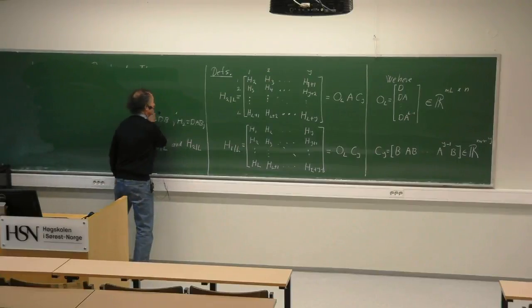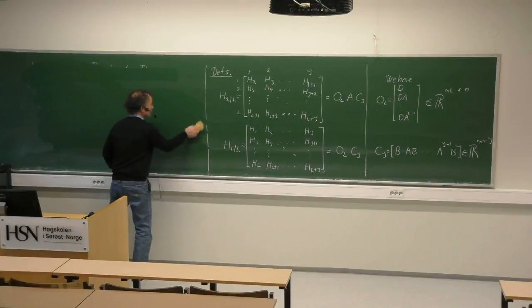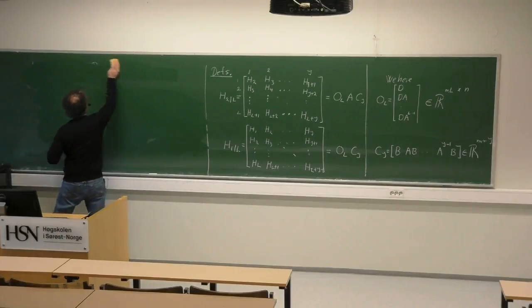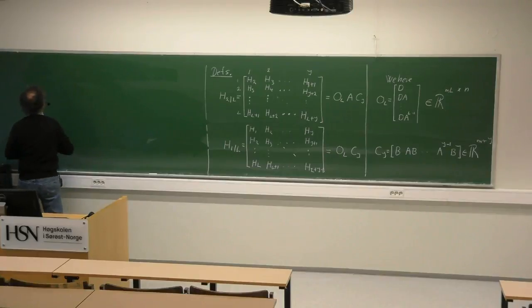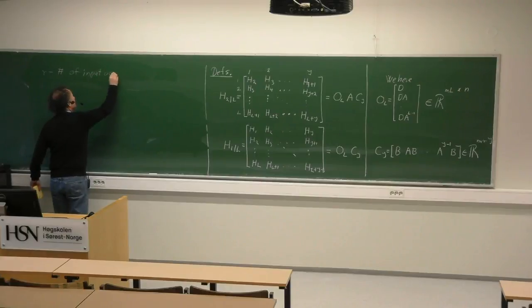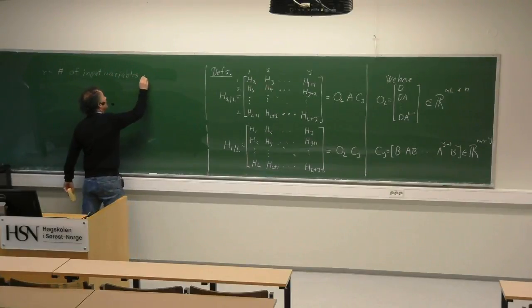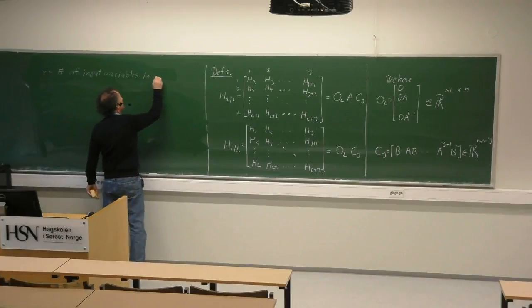Now, we can write up those details also. Now remember, R is the number of input variables in input vector U_K.